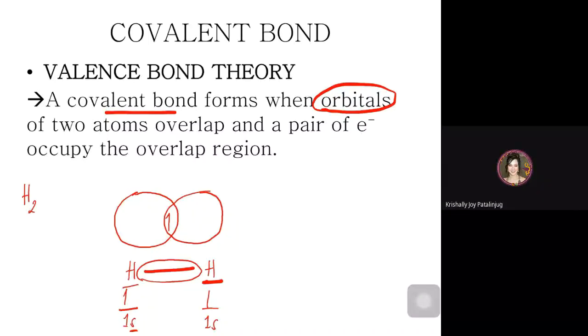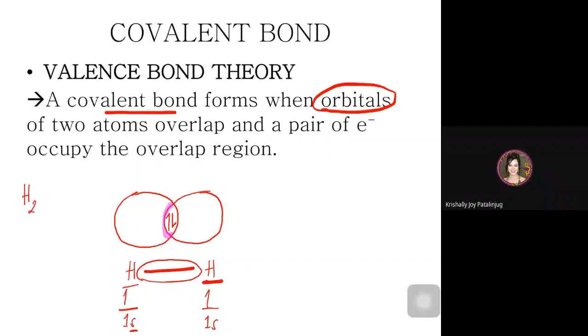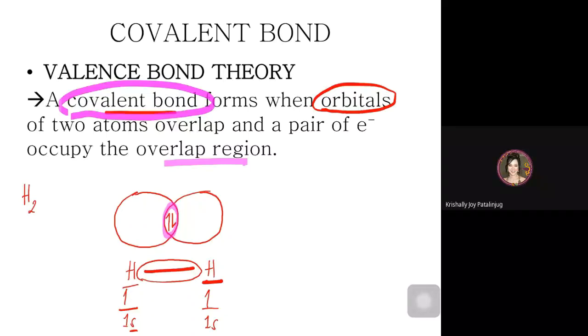So another spherical orbital, kasi an s orbital has spherical shape. So, overlap yan. On this overlapping region, ayan, this is the overlapping region, a pair of electrons occupy. That is how a covalent bond is formed based on the valence bond theory.